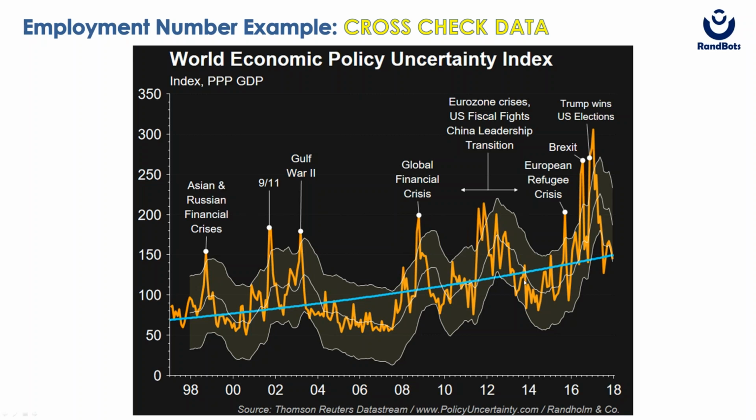We reverse, but allow the S&P 500 and the VIX to trade into a new quarterly high. So, for example, the last time that the uncertainty index traded above the Bollinger Band was in the US elections. The time before was Brexit. The time before was the European refugee crisis.